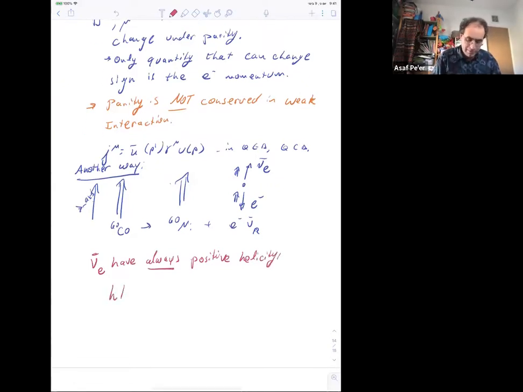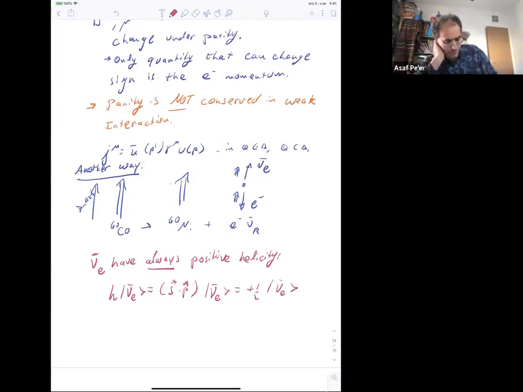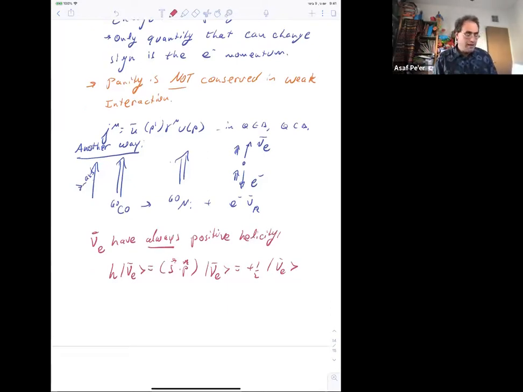The helicity state of the antineutrino, s dot p normalized, is plus 1/2. So when we put that in the Dirac equation, the spin operator in the Dirac equation of the particles and antiparticles is related by the minus sign, remember that. That means that the neutrino always has left-handed helicity.